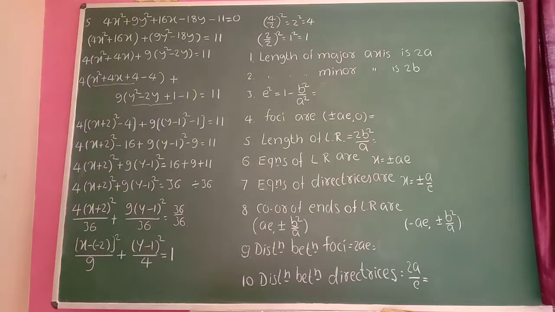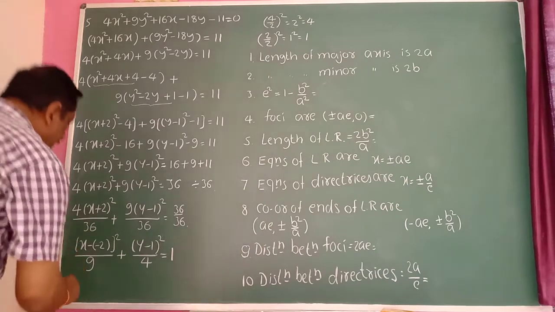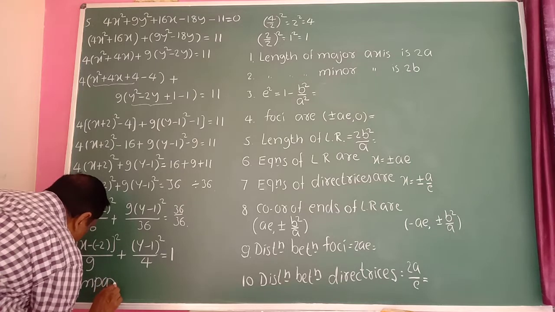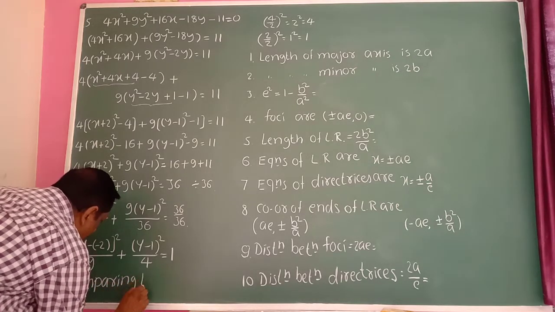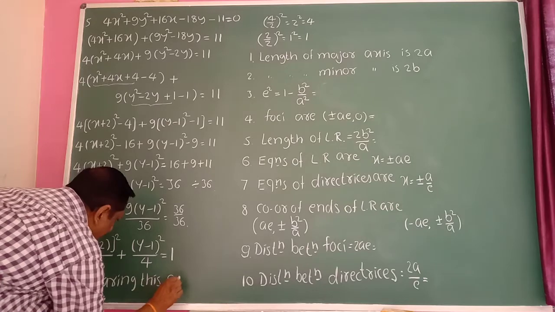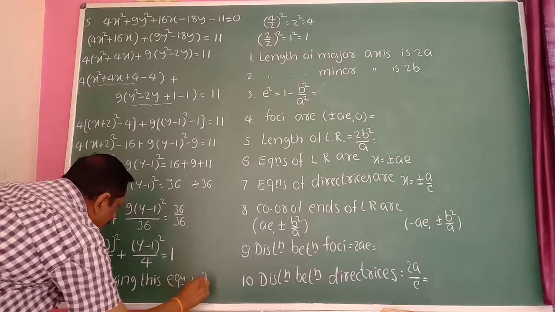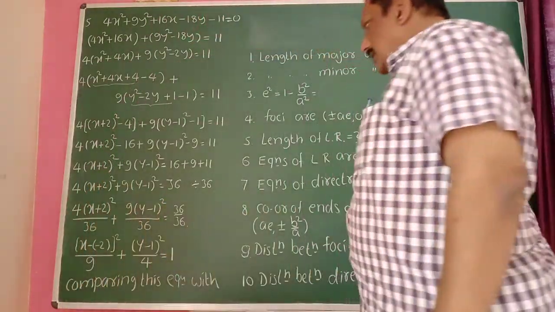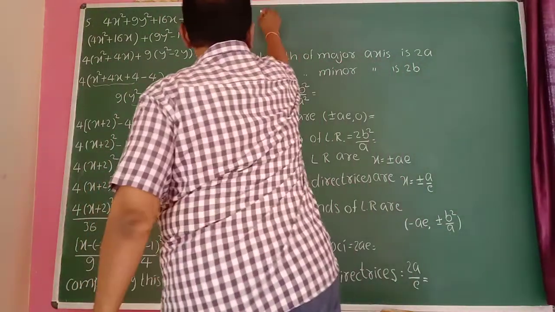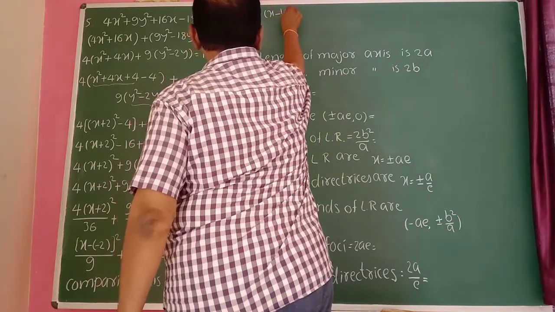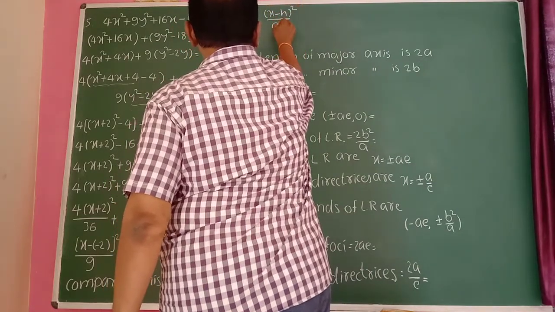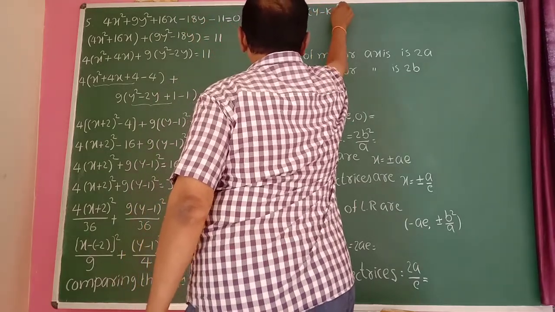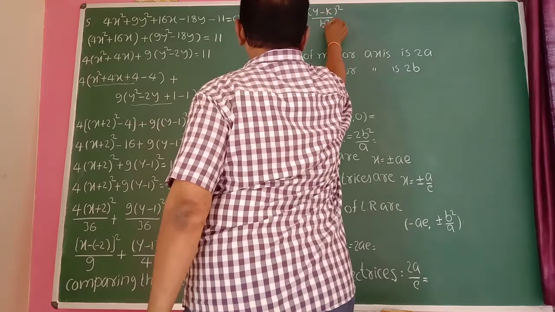Then comparing this equation with x minus h whole square divided by a square, plus y minus k whole square divided by b square, is equal to 1.